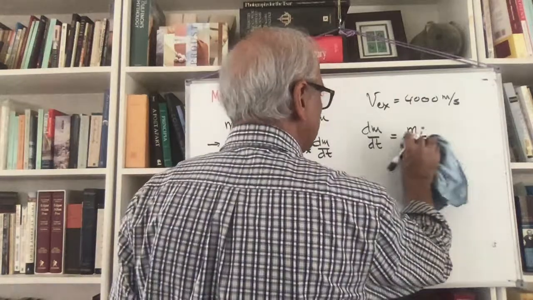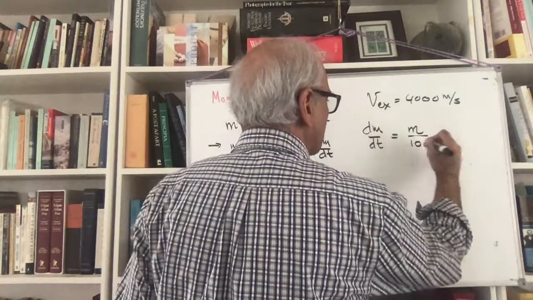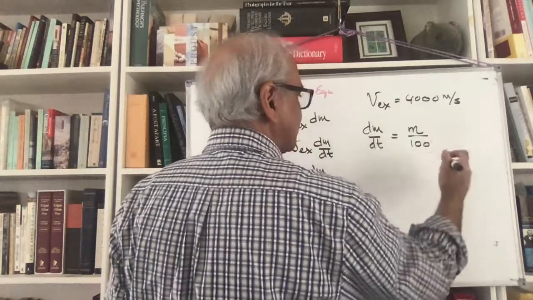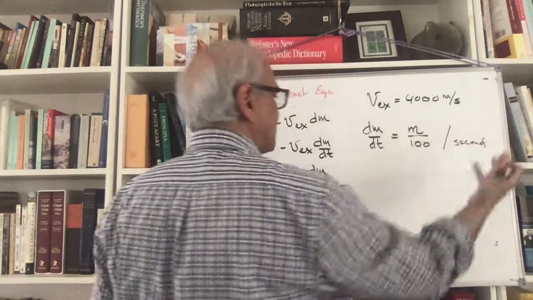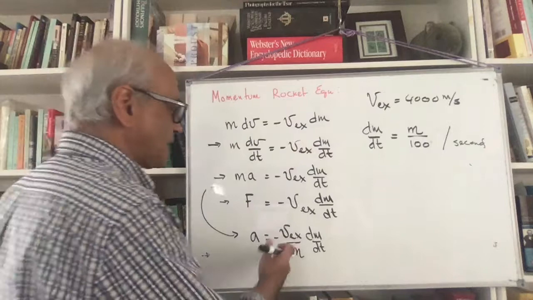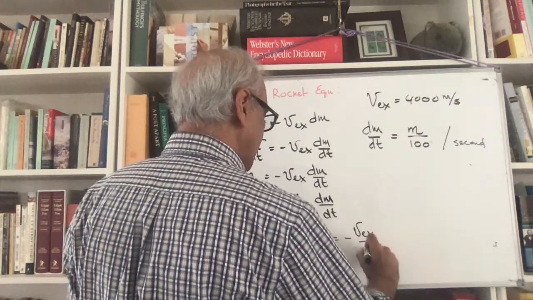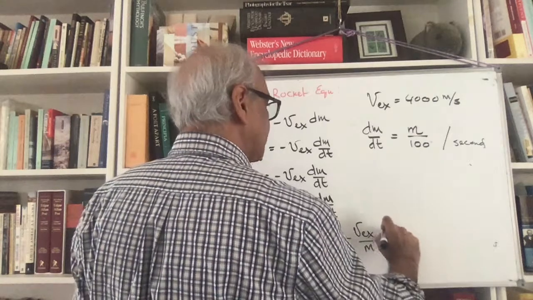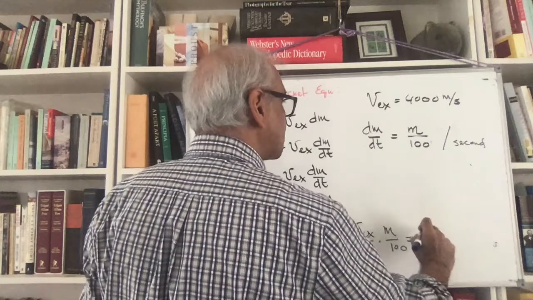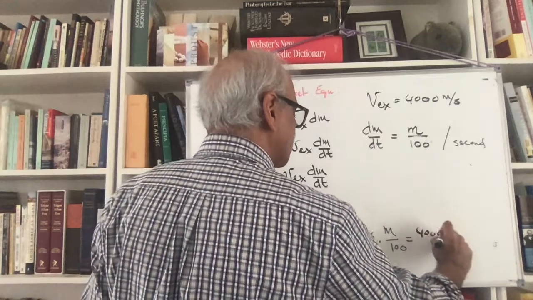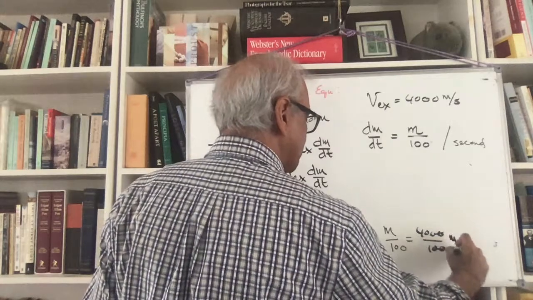So this would be per second, whatever is happening, kilograms per second or whatever it is. If you plug this in here, I get minus VEX over m, and this would be m over 100. The m cancels out, so it will be 4,000 over 100, so that's 40 meters per second squared.